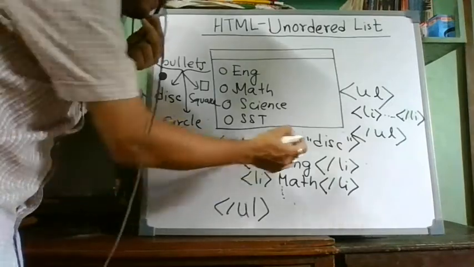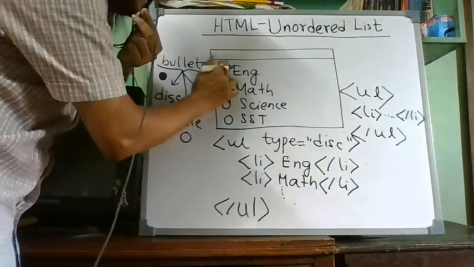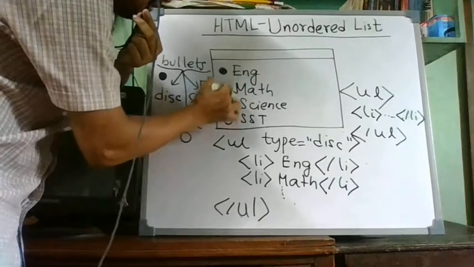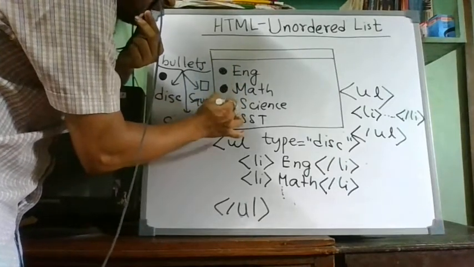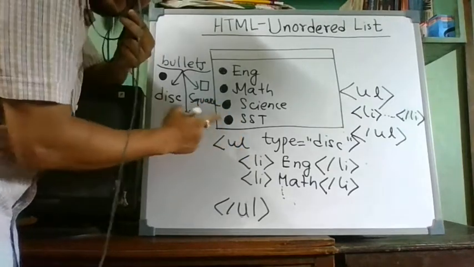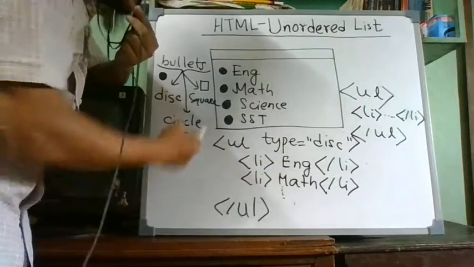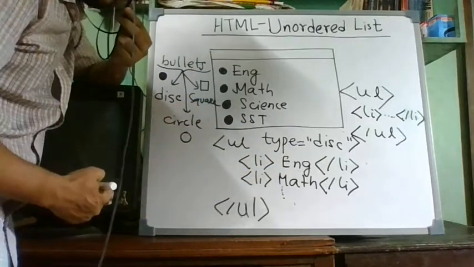So if you have added disk within the type attribute, then it will be a completely filled disk like this.